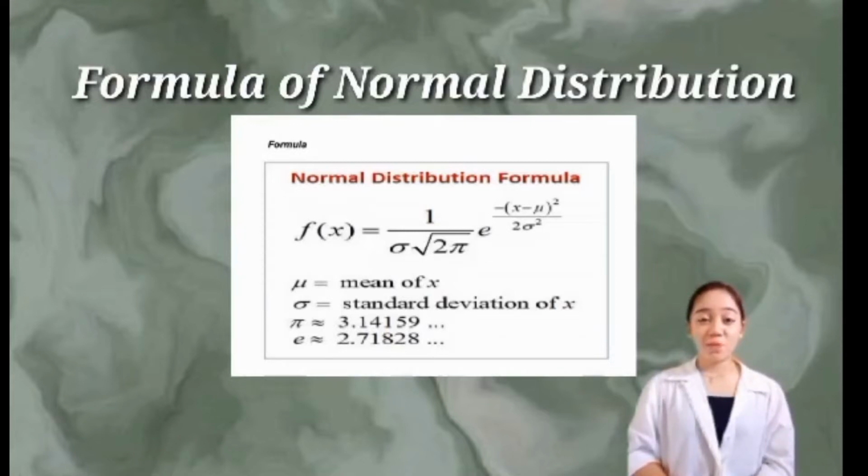Therefore, the symbols pi and e are both constants, which means their values cannot be changed.